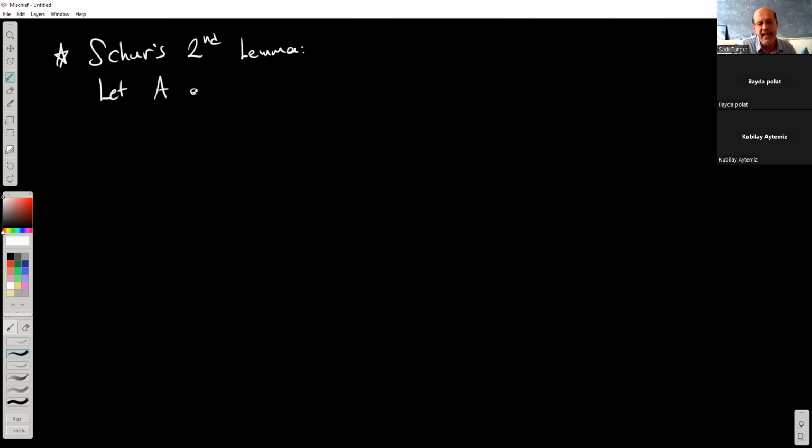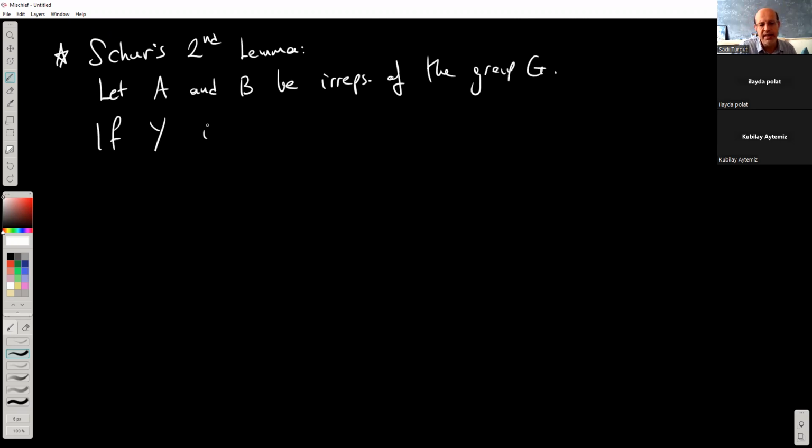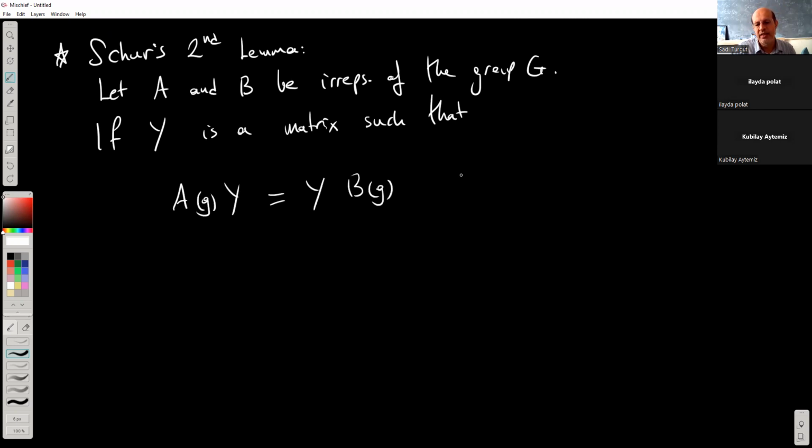Let A and B be irreps of the group G. If Y is a matrix such that A of G multiplied with Y is equal to Y multiplied with B of G, that's for all group elements. So it's not like commutativity, but it's something else.